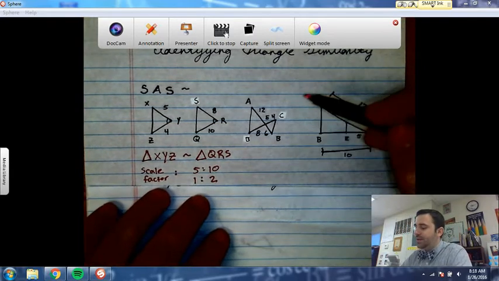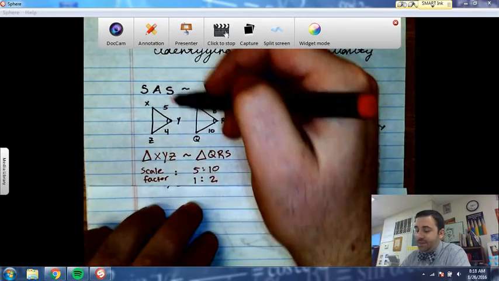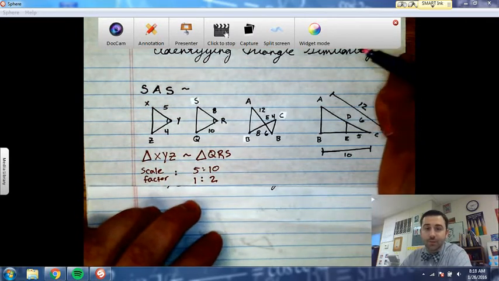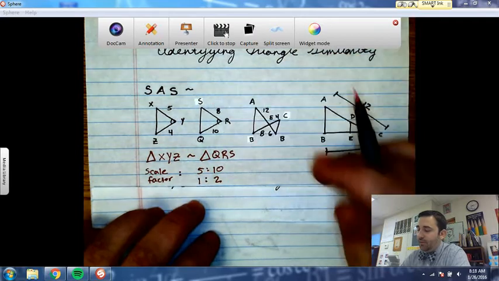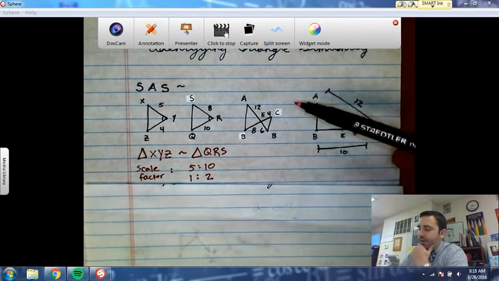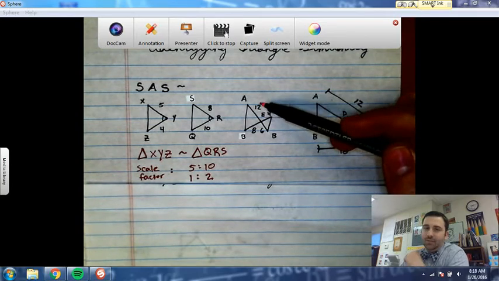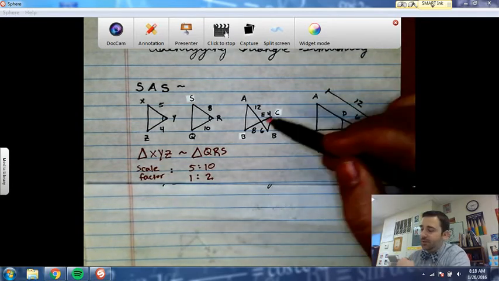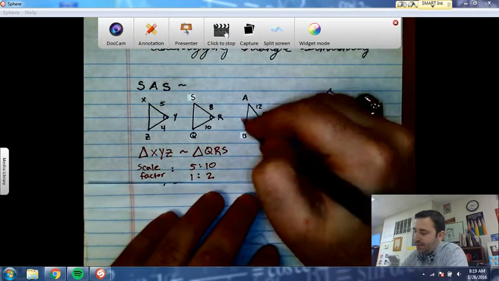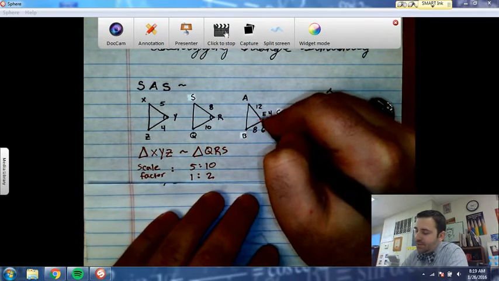In this next example of side, angle, side, we know that angle Y and angle R are congruent because of the congruent marking. Now looking at the next example, I see the side lengths are similar, so 12 and 6 and 8 and 4 correspond with a scale factor of 2. However, I don't really see an angle. However, looking at these, notice these two vertical angles.